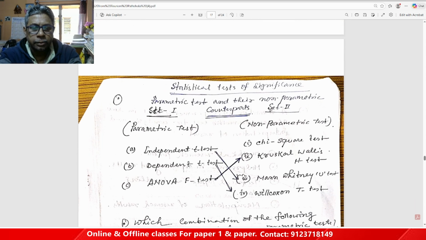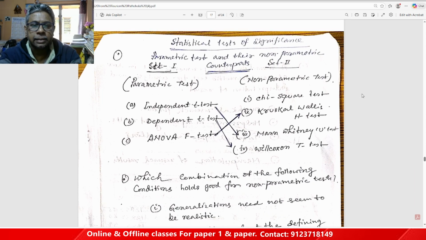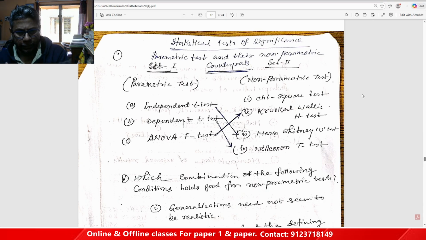Next is an important topic, the statistical tests of significance, the parametric tests and the non-parametric tests. Set 1 and set 2. Set 1 is the parametric tests and set 2 is the non-parametric tests. In set 1, the independent t-test has the corresponding Mann-Whitney test.